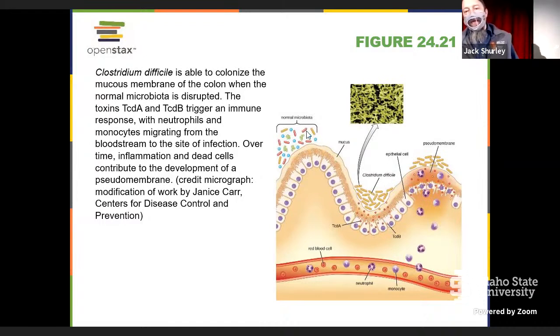Regardless, something happens wiping out the diversity, setting the stage for these guys, and they are more resistant than the majority of other microbes. That's what lends to their potential to get this kind of leg up through broad spectrum treatment. It doesn't really target them. So they colonize, they proliferate, they release a couple of different types of toxins.